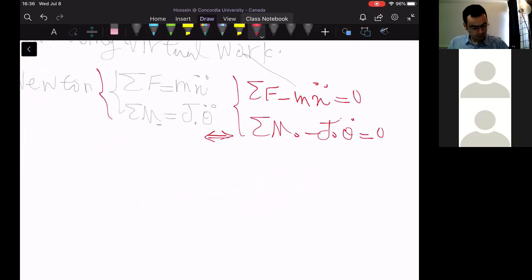If I want to give you a hint for the principle of virtual work: basically, virtual work is more suitable for systems of interconnected bodies and higher degree of freedom systems.